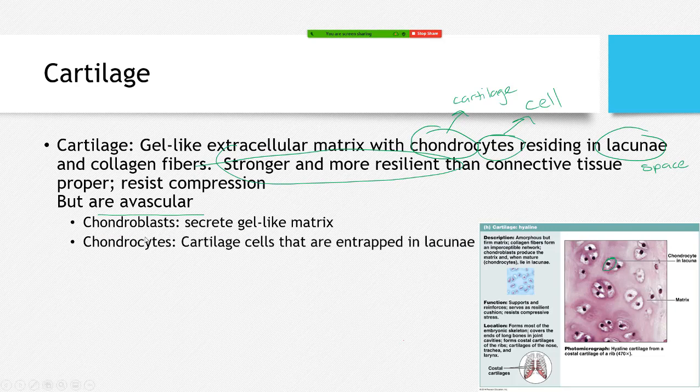And the interesting thing about the chondroblast, like the fibroblast, right? Fibroblast ends up converting into the fibrocytes. In this case, the chondroblast is going to convert into the chondrocytes. It does this when it ends up being trapped in that lacuna. The lacuna, once again, is the space around the cell, and the cell itself inside is the chondrocytes.